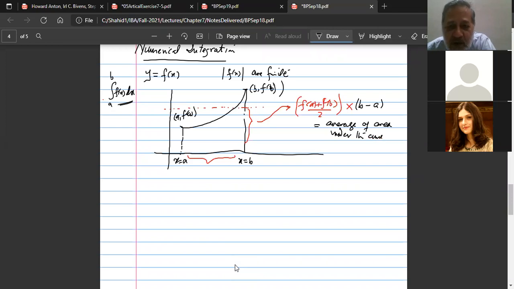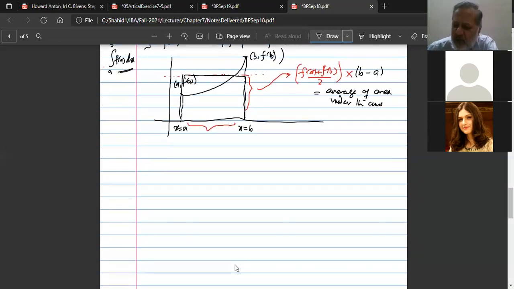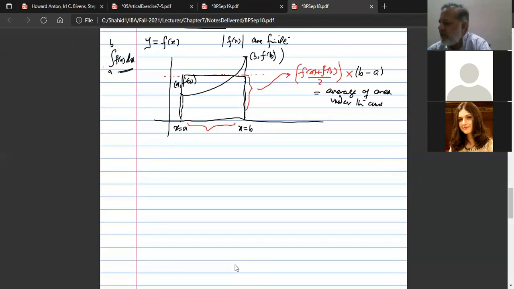In what sense? कि मैंने ग्राफ की जो हाइट्स हैं उसमें से मिनिमम हाइट और मैक्सिमम हाइट का एवरेज लेकर width of the interval से मल्टीप्लाई कर दिया. इसका मतलब I have taken the area of this box और उसको मैं कह रहा हूँ average area under the curve. Now I want to improve upon this estimate.